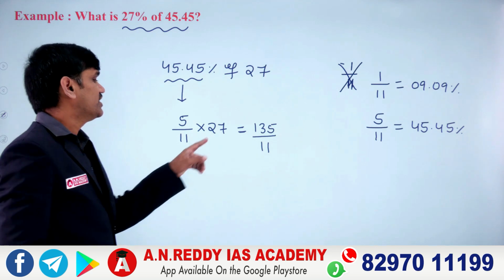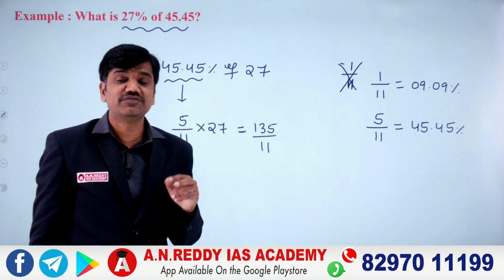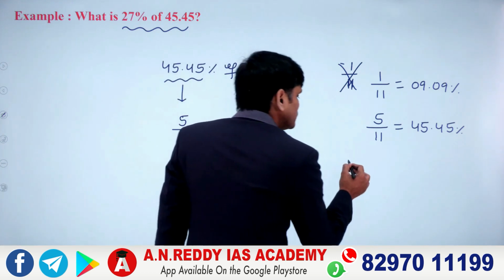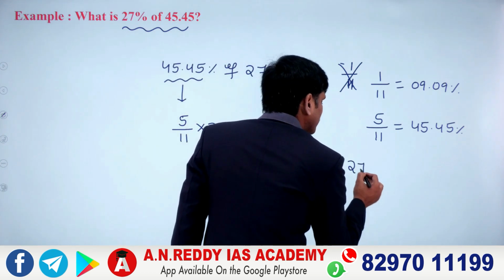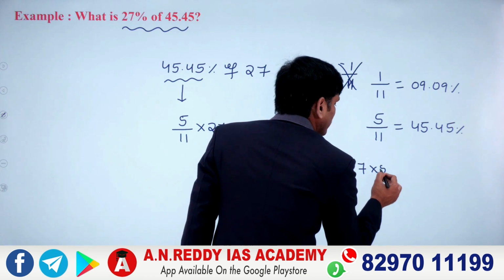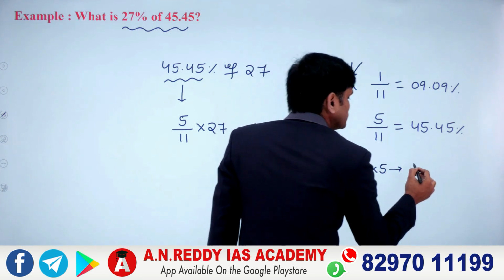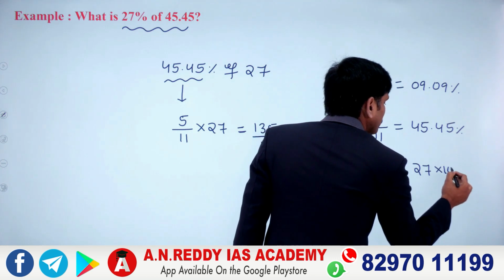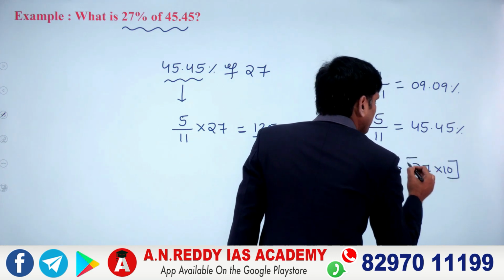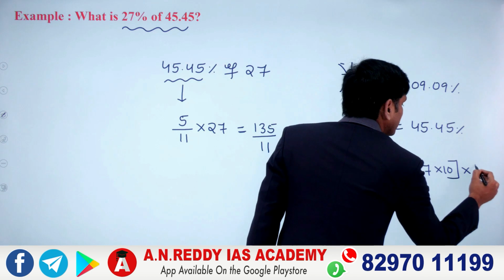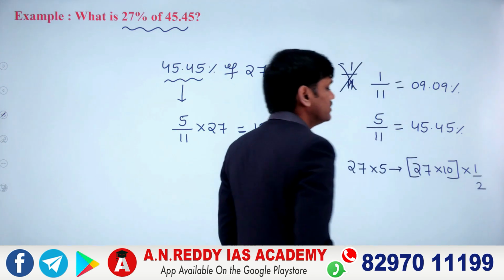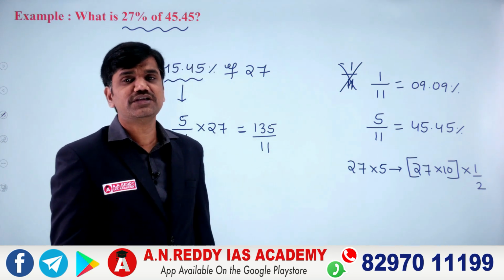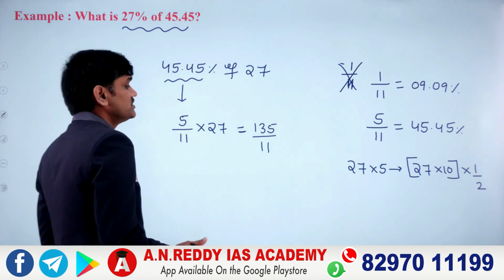Again, when you are multiplying a number with 5, simply multiply it with 10 and take half of the number, like this. 27 into 5, you take it as 27 into 10 and then take half of the result. So 27 into 10 is 270, half of 270 is 135. Like that I can easily get.